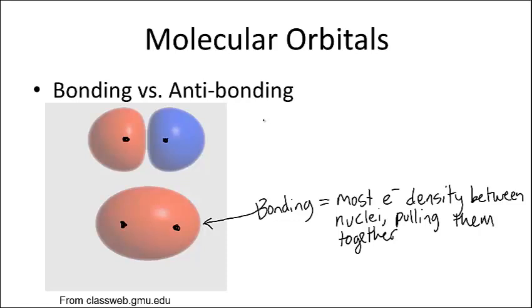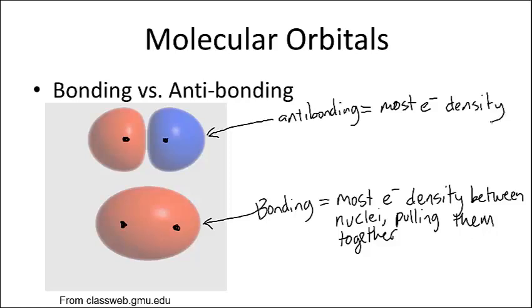In the antibonding, most of the electron density is on the outside. So those electrons are actually pulling the two apart.